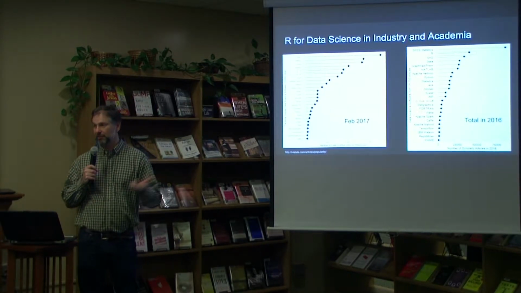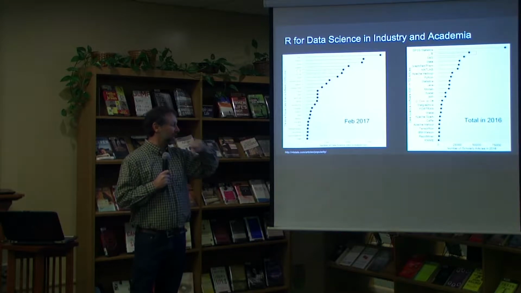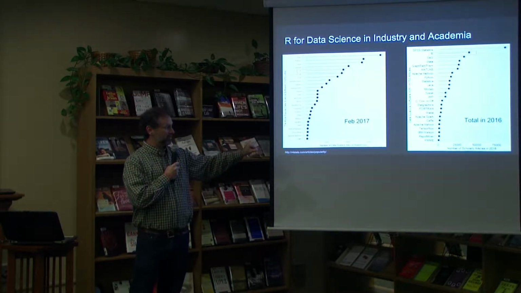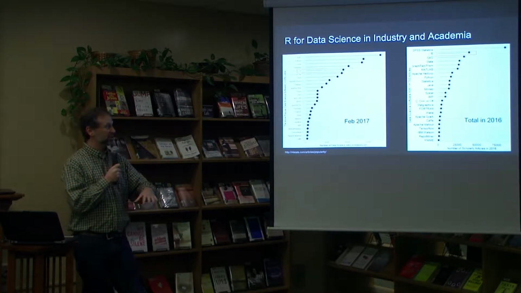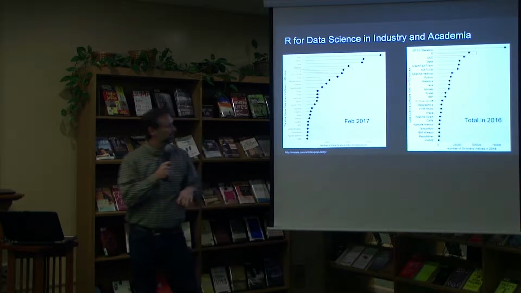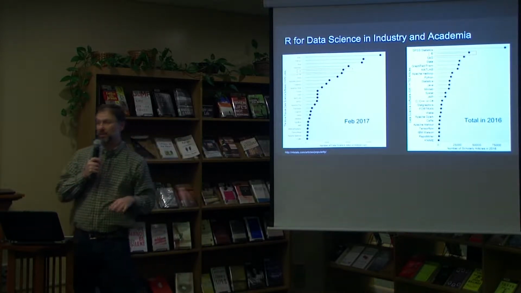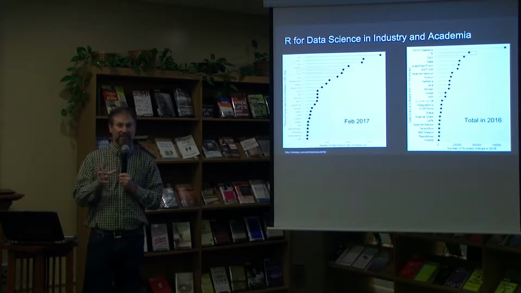There's a lot of great tools out there for statistics and data analysis. This first graph was a study on the job boards. Indeed.com is one of the many different aggregators of job positions. And as you can see here, R is the fifth top software package that's used and asked for in these job markets, particularly in the data science job market.